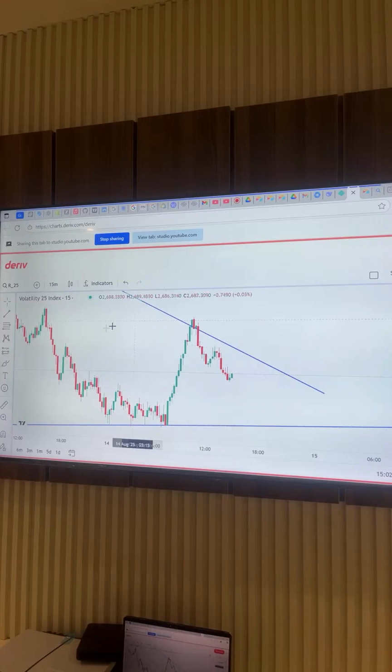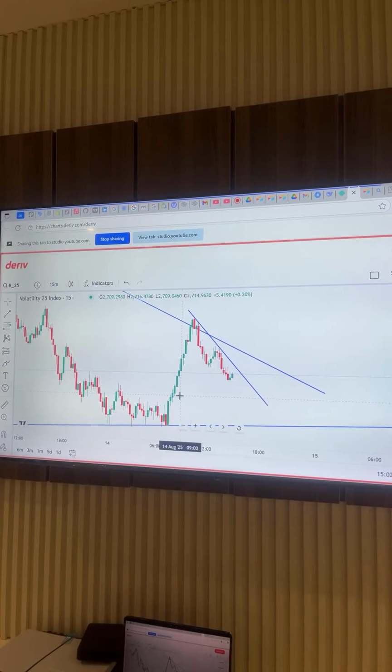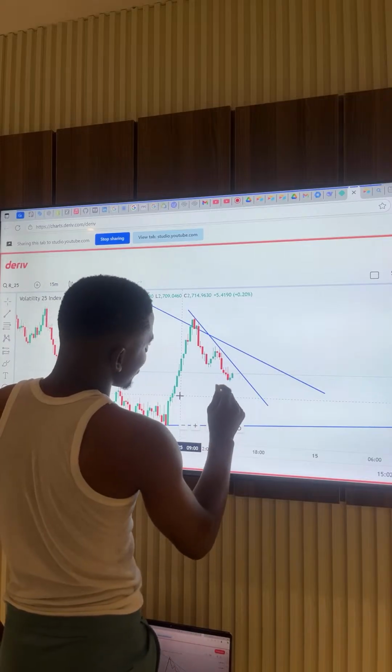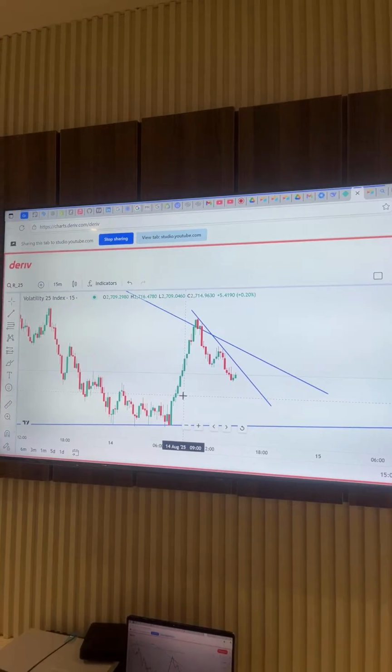So this gives us another confirmation again that if you are to buy from this zone now, that means your SL now has to be very, very big.